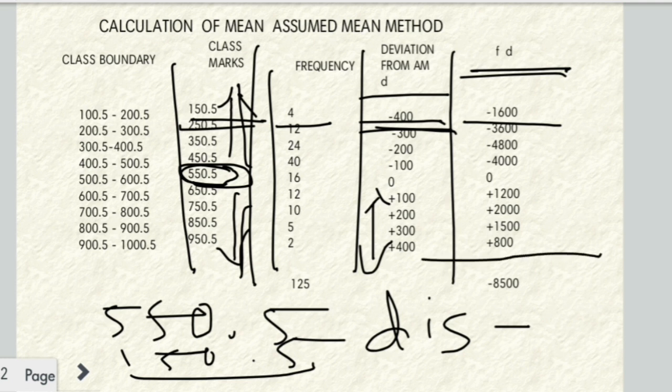And then we calculate summation of FD. Here summation of FD is minus 8500 and summation of F equal to 125.